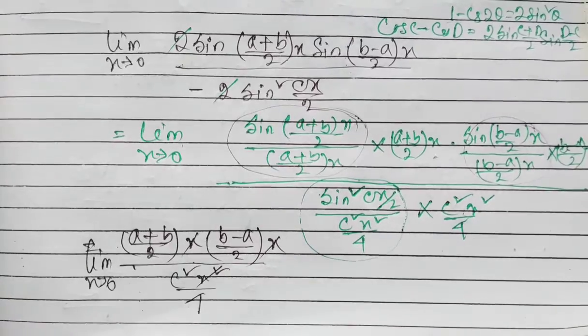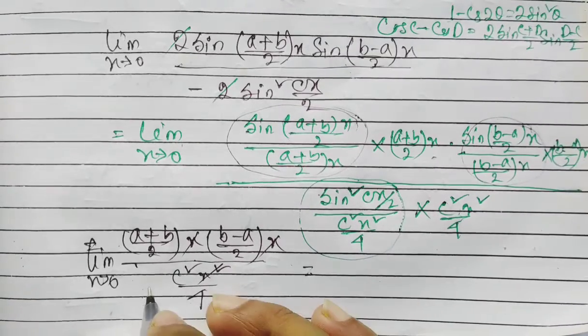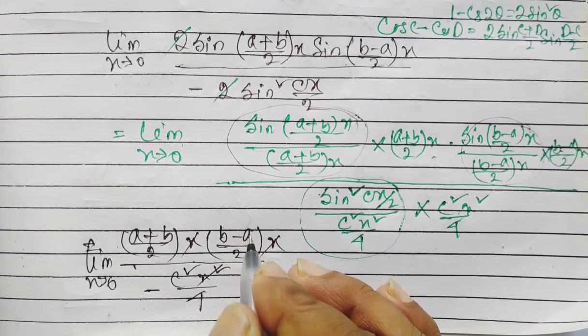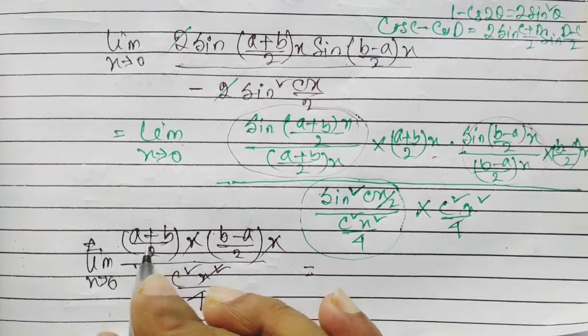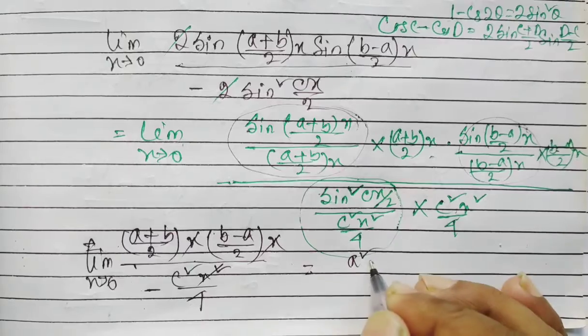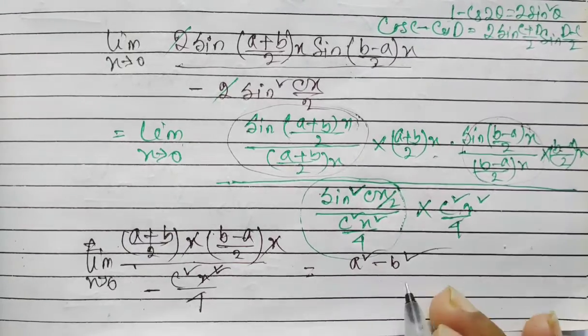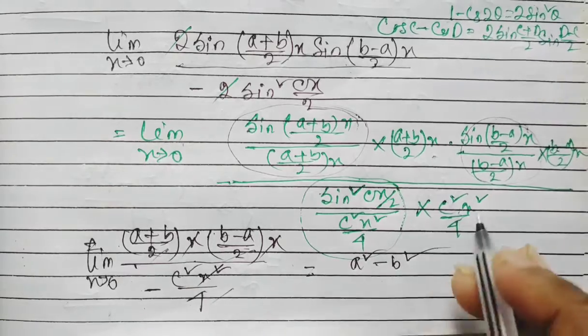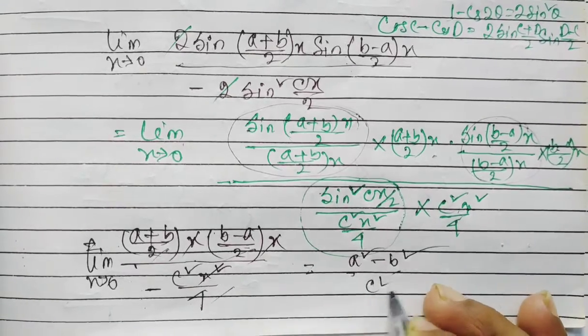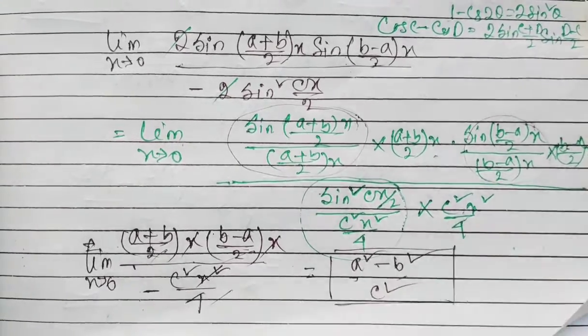Here x square is also cancelling out, and taking b minus a as minus (a minus b), a minus b into a plus b will be a square minus b square, and 2 into 2 is 4, again here 4 is cancelling out, and write here only c square. So this is our final answer.